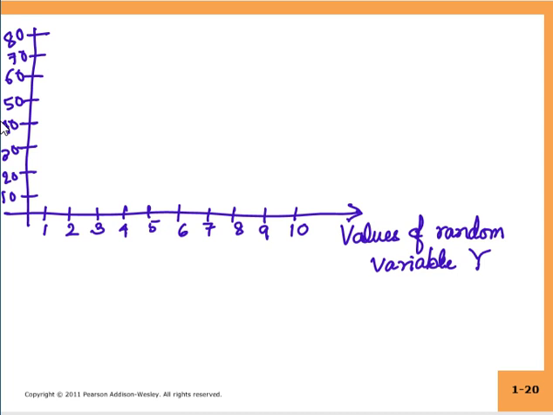And suppose you got that 5 times the value of 1 came up, and then something like 15 times the value of 2 came, 20 times the value of 3 came, something like 25 times the value of 4 came.